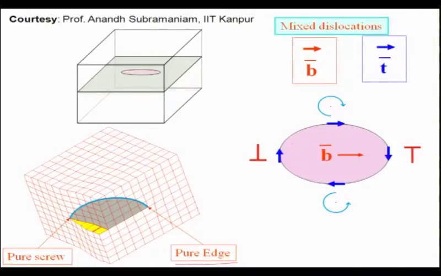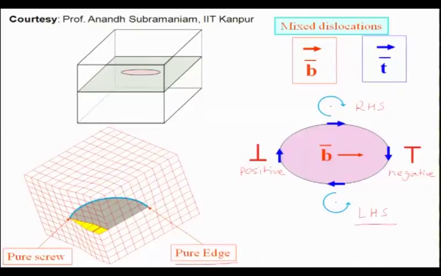Depending upon whether it's a right-handed screw or left-handed, screws are defined, and edges are described as, so here for example it's a positive edge, right? On the other side it would be negative edge. Here it's a right-handed screw and here it would be a left-handed screw, and you can see that the dislocation line in this case is in this direction and your B is in this direction.